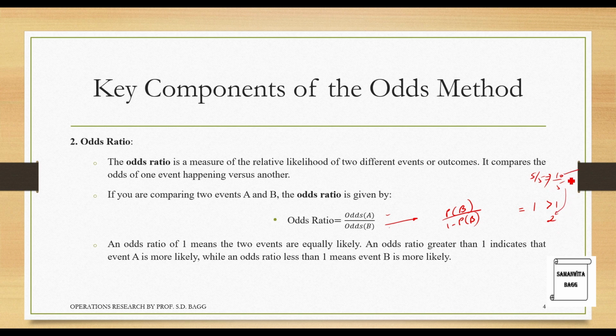So you can see that the odds of A is greater. And suppose if it is less than 1, so this has to be 5 upon 10, which is 0.5, which means odds of B is greater. So if you don't understand anything with the statement, you can use some numbers and you will understand it much easily.